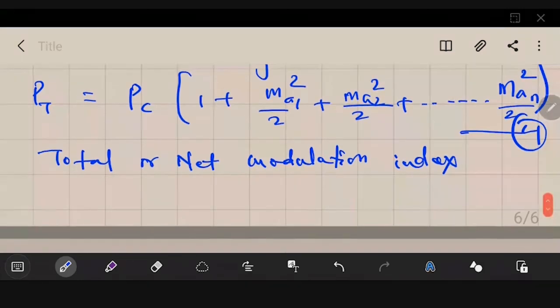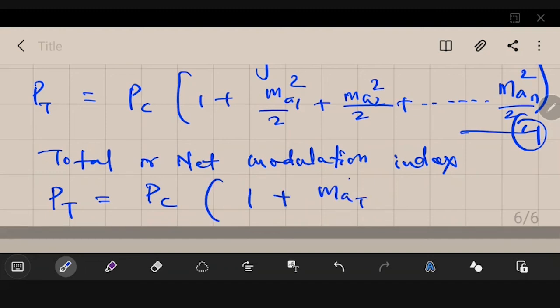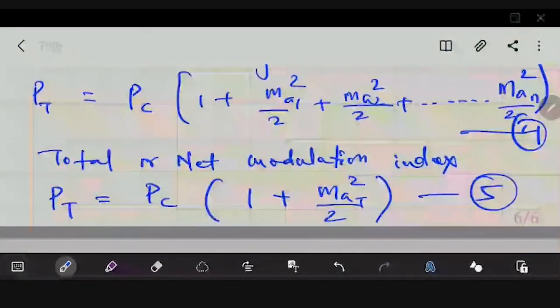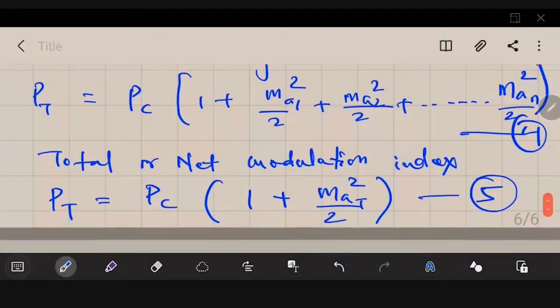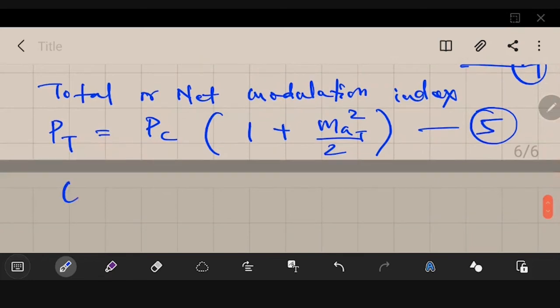We have already found out the normal expression for the total power, PT is equal to PC into 1 plus MA square by 2. So this was the formula that we have already studied. If we now compare these two equations, equation number 4 and 5, we will be able to equate a few things. So let us do that.